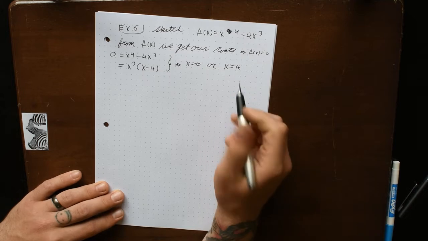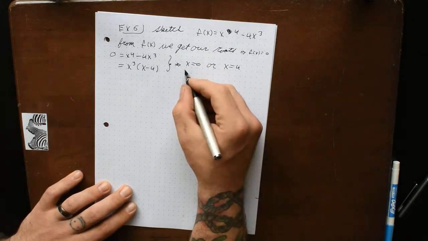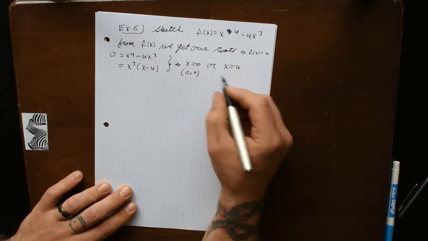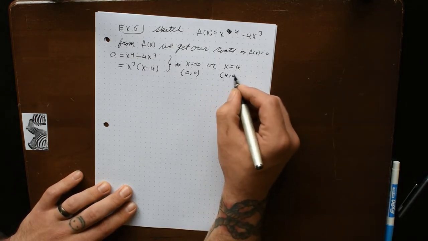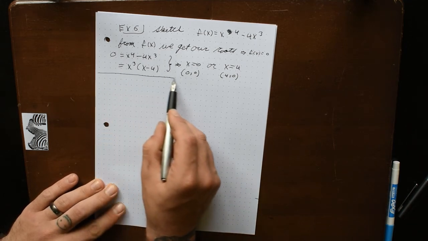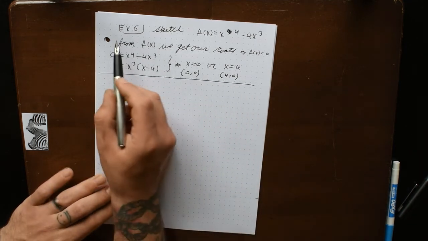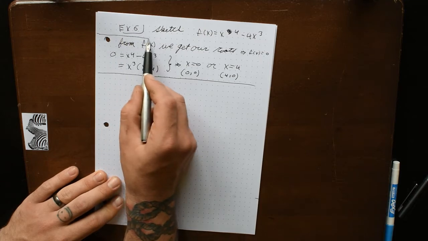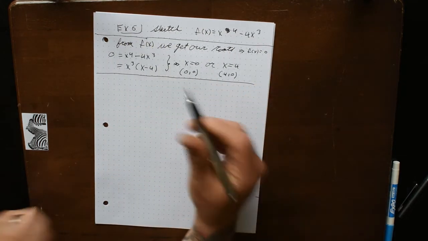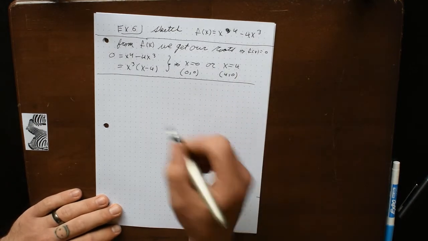So this gives us 2 points on our graph. We know our graph is going to contain the point 0, 0, and the point 4, 0. This is all we're really going to use our original for, aside from getting some more y values out.